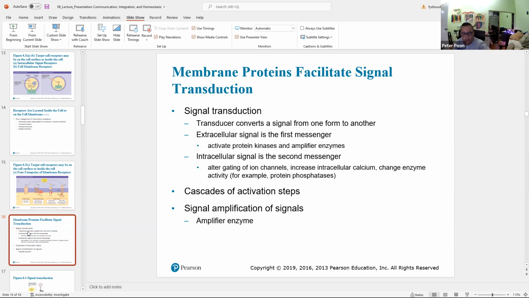The first messenger has to come from outside the cell, and it activates something inside the cell. So the signal has to travel through the membrane. Once it gets through the membrane, it activates the second messenger. A second messenger is going to travel throughout the cell.